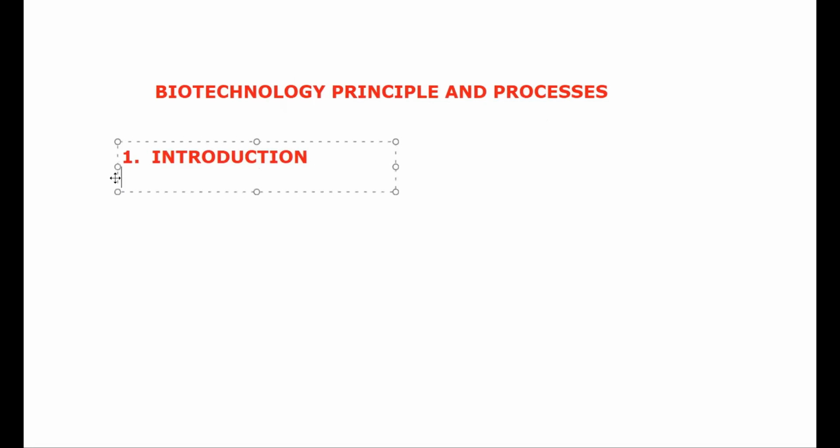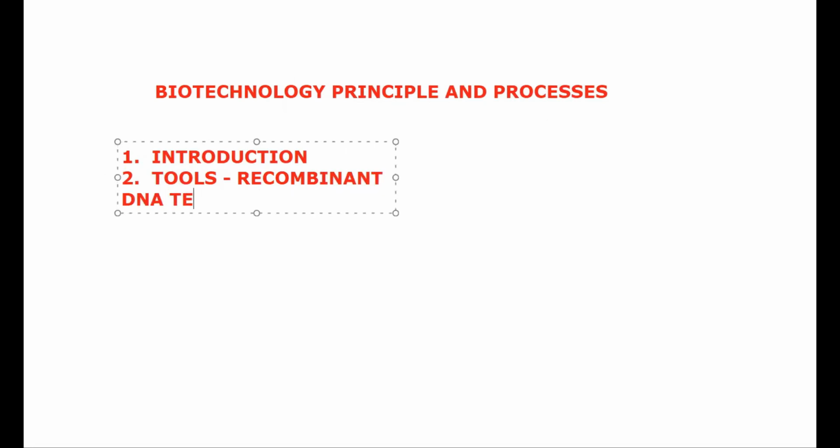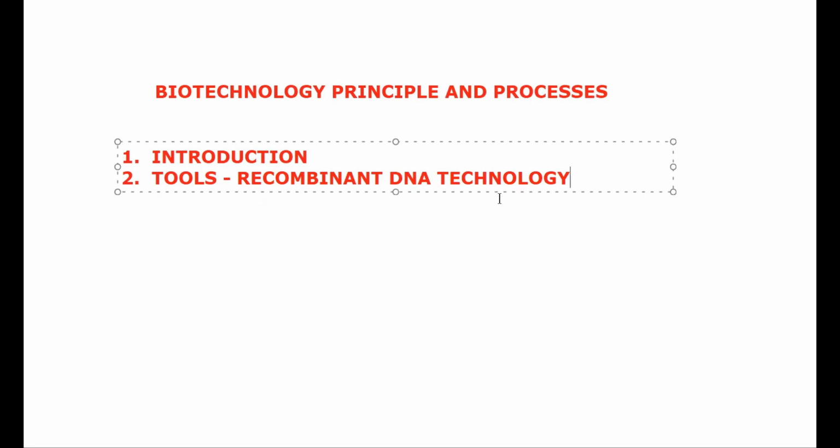Then the second topic is tools for recombinant DNA technology. In recombinant DNA technology, what are the tools we are going to use? This is a very important topic, and the lengthiest topic is the tools of recombinant DNA technology.